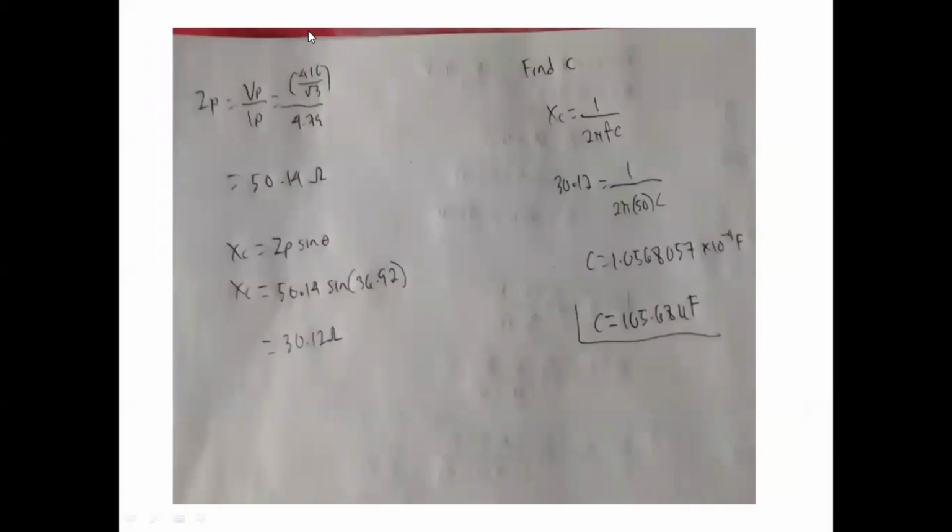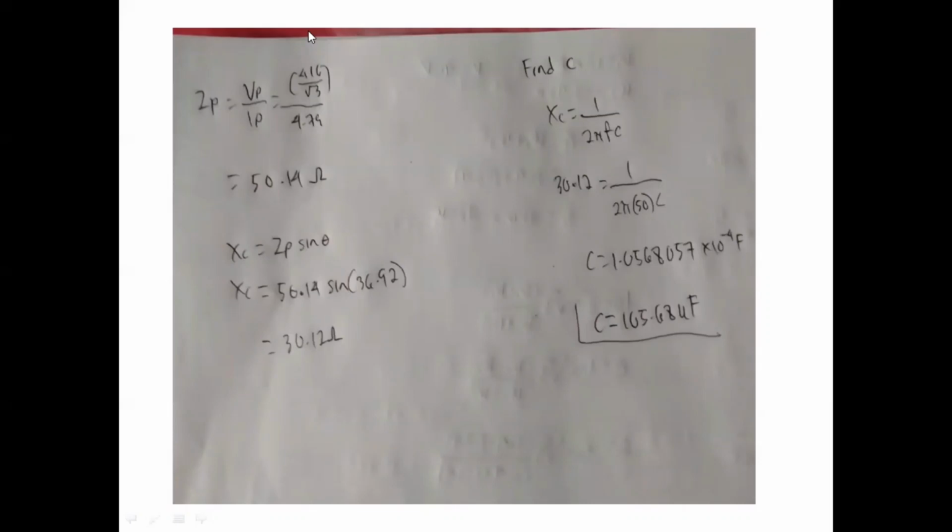Then the phase impedance equals phase voltage over phase current, equal to 416 over square root of 3 over 4.79. Then the phase impedance equals 50.14 ohms. Then XC equals phase impedance times sine theta, 50.14 times sine 36.82, which equals 30.12 ohms.